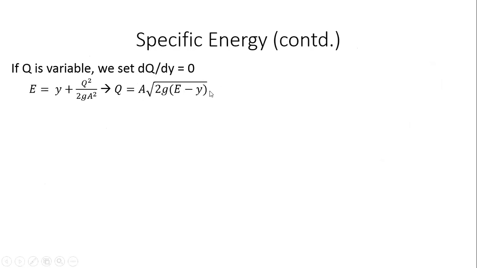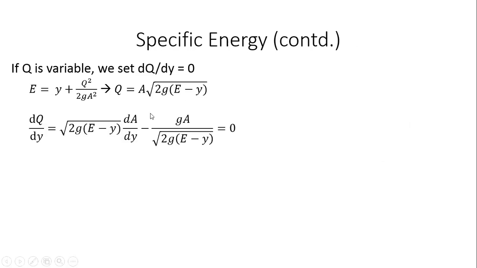So I'm writing this entire expression in terms of the area, the specific energy and the flow depth. So let us set this dq by dy to 0. dq by dy will be under root 2g into (E minus y) multiplied by dA by dy, minus, then I'm just applying the chain rule, right? g A divided by under root 2g (E minus y), equal to 0.